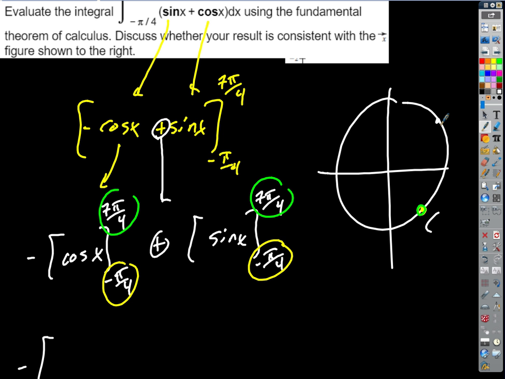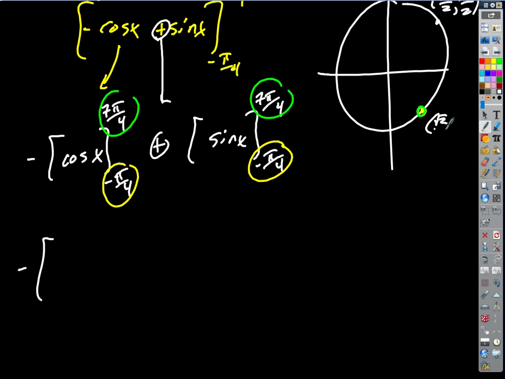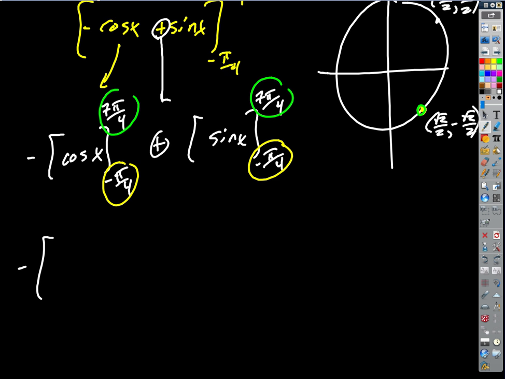What are the coordinates of that middle point in quadrant 1? Well, you could do the hand trick, right? It's going to be square root of 2/2, square root of 2/2. So these must be positive square root of 2/2, negative square root of 2/2, right? So the cosine would be positive square root of 2/2.